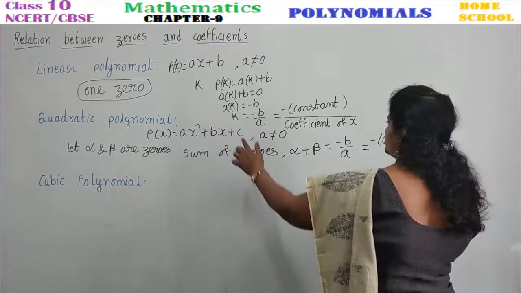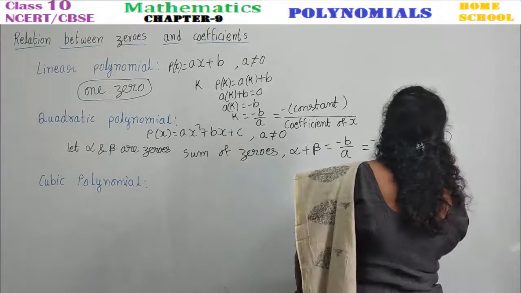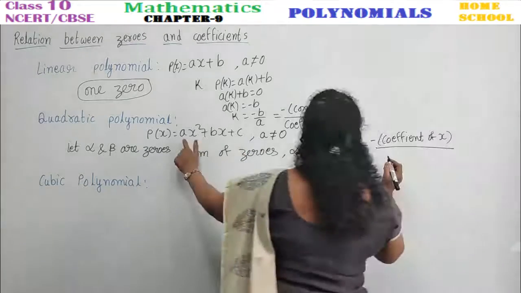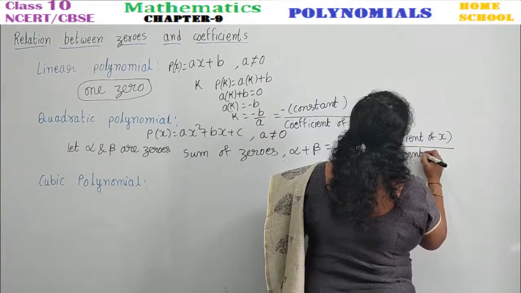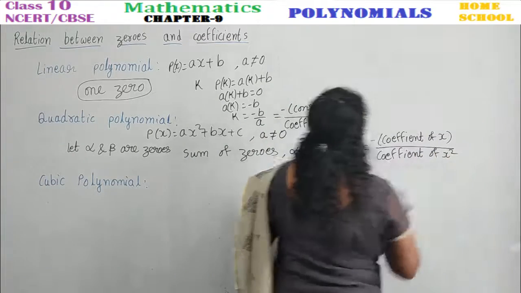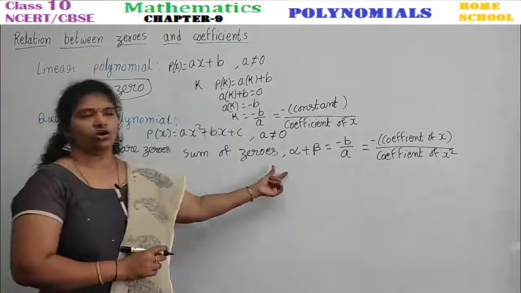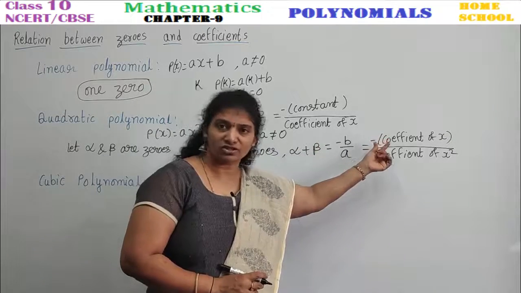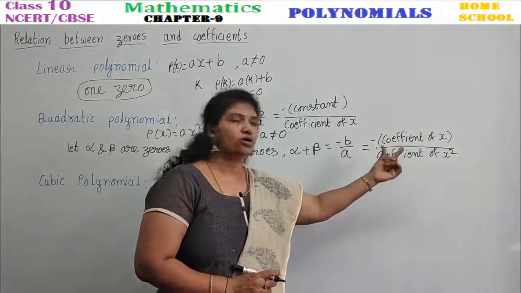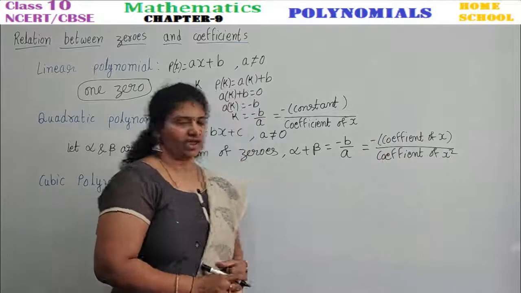Minus of coefficient of x by, where is a? This one. That is coefficient of x square. Sum of zeros will be minus b by a. That is minus of coefficient of x by coefficient of x square.